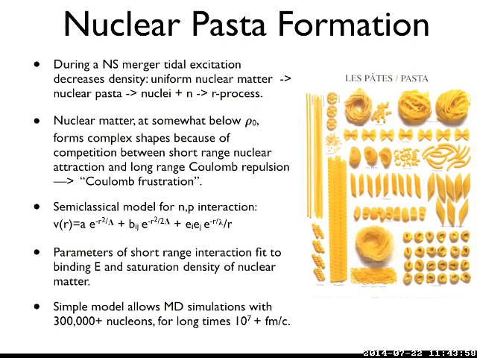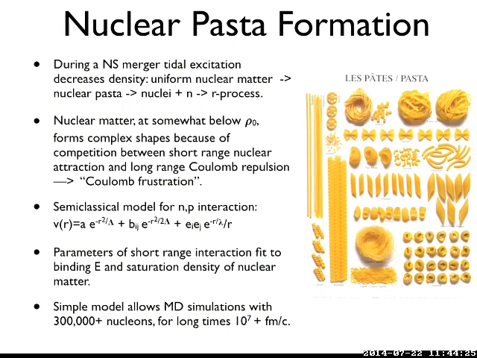So nuclear matter at somewhat below normal density forms these complex shapes just because of competition between short-range nuclear attraction and long-range Coulomb repulsion. So I'm just going to have a simple semi-classical model. I have nucleons interacting with a short-range phenomenological nuclear potential.